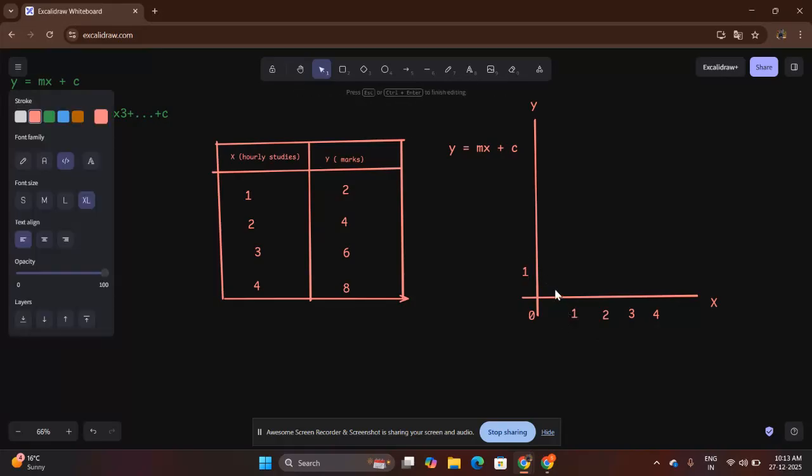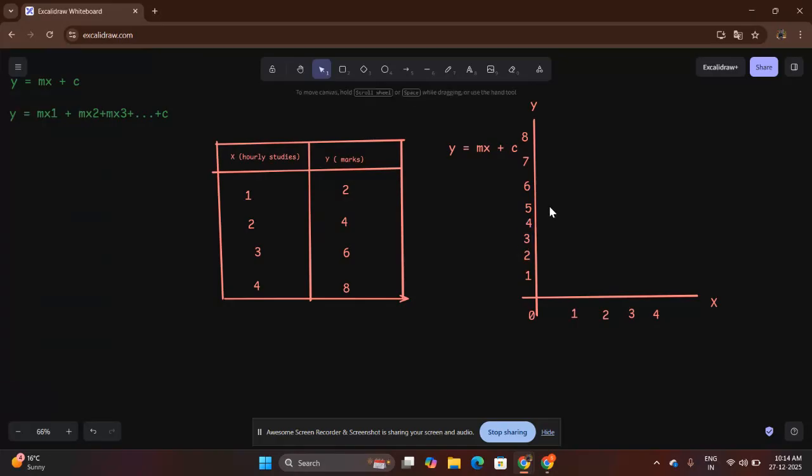Same thing over here: 1, 2, 3, 4, 5, 6, 7, and 8. I'm just arranging it in a neat manner.